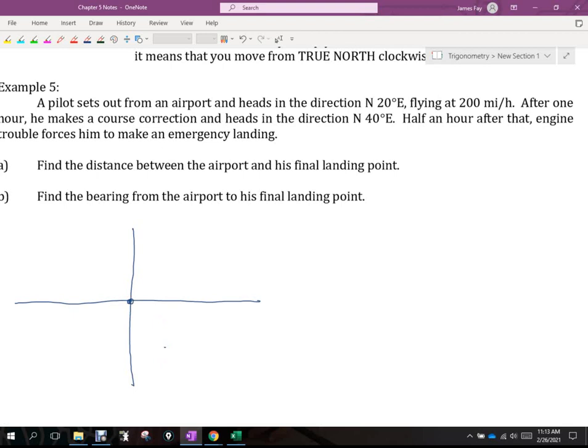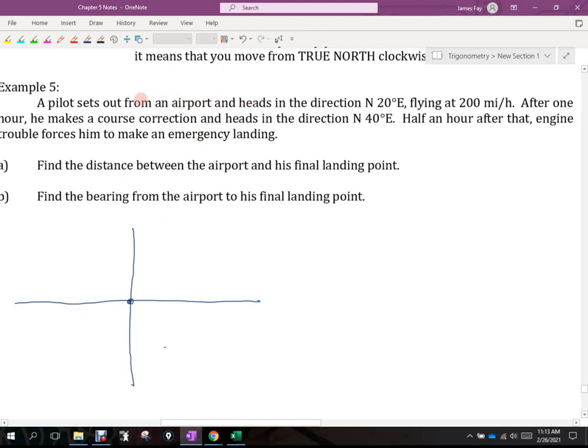You could put vectors anywhere in the coordinate plane as long as they have the same direction and the same length. They're equivalent vectors. The easy thing to do then is to move them all to the origin, or at least your starting one to the origin. The way we're going to do it, we're going to put the starting one here.